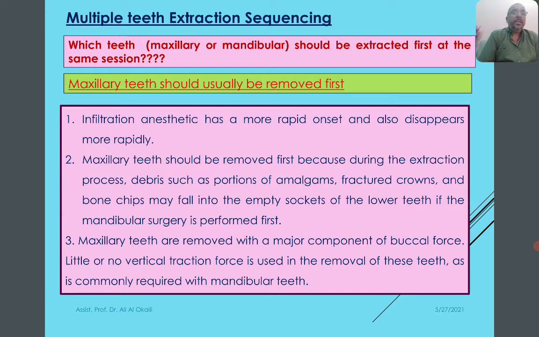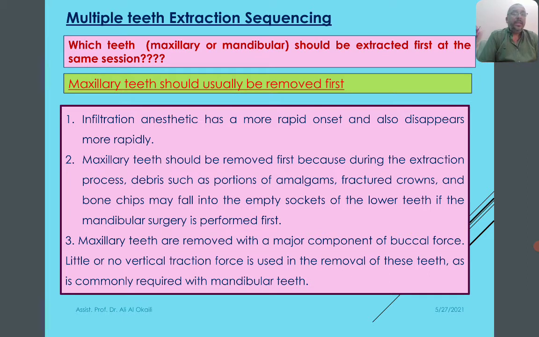And maxillary teeth should be removed first because during the extraction process, debris such as portions of amalgam, fractured crowns and bone chips may fall into the empty socket, بالlower jaw, sockets of the lower teeth, if mandibular surgery is performed.